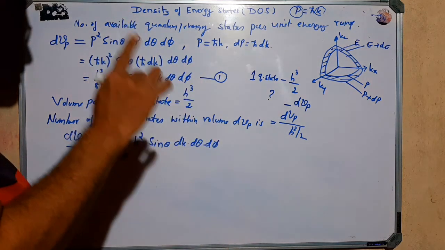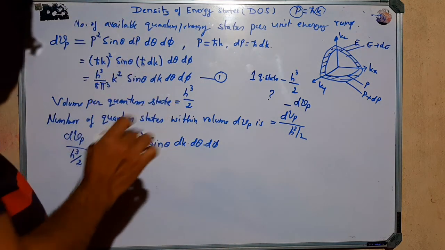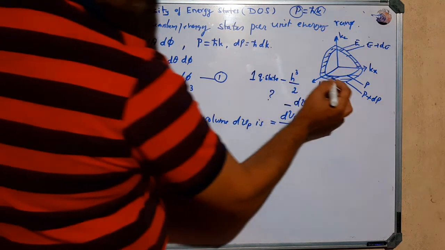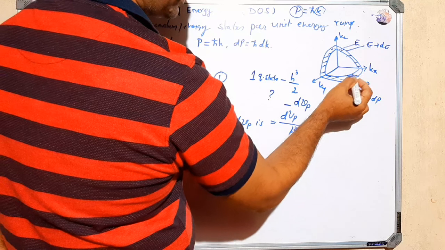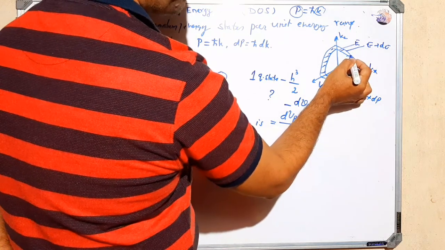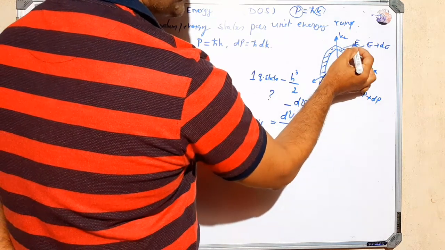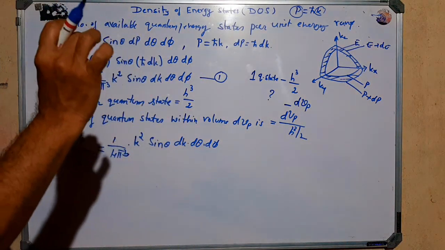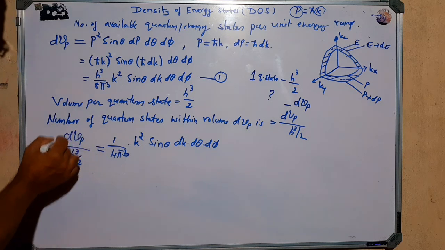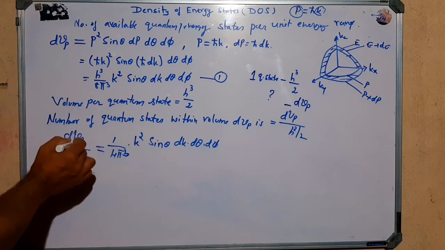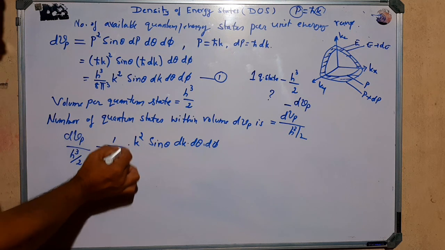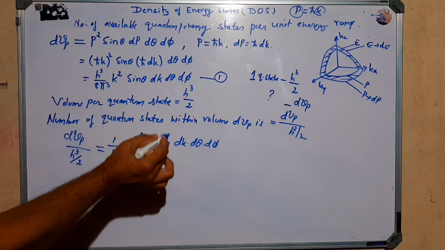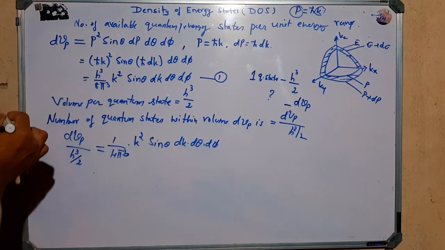In other words, dVp by h cube by 2 is the number of quantum states available in the range E and E plus dE, equal to 1 by 4 pi cube into k square sin theta dk into d theta into d phi.